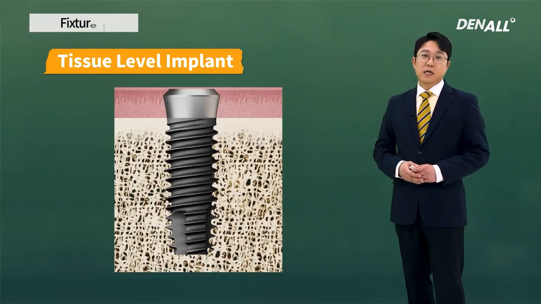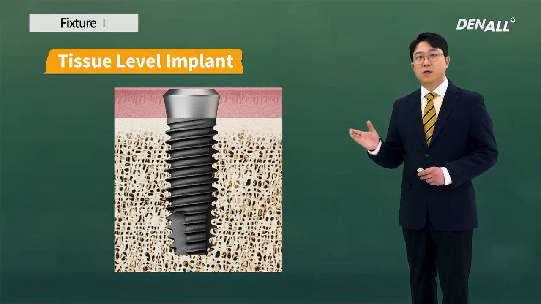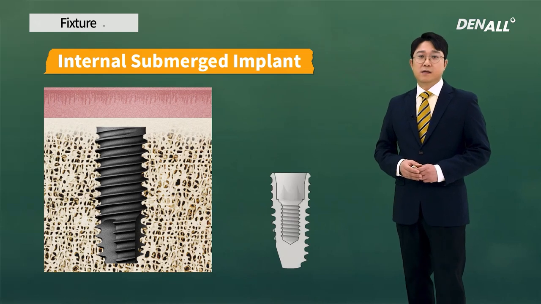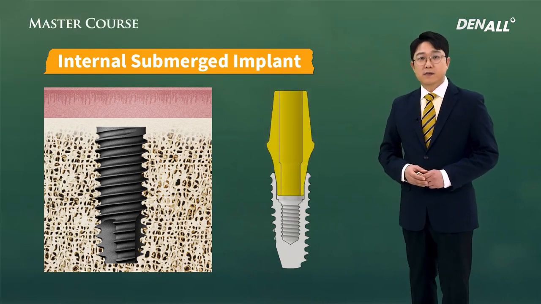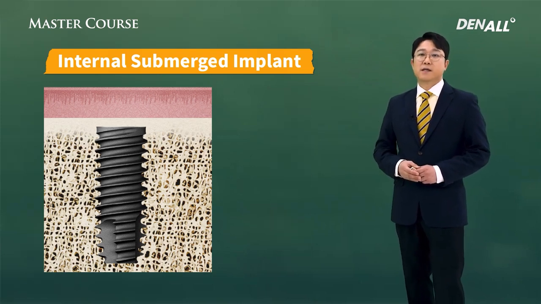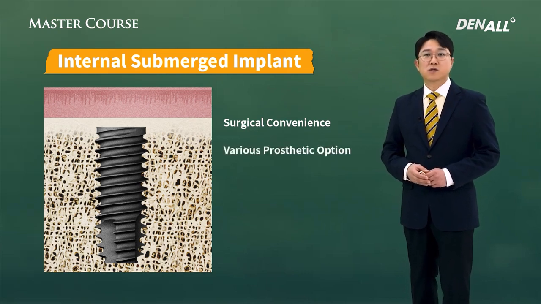The problem of the tissue level implant, the abutment cuff, which is part of the fixture, is removed, and the advantage of the implant, which is the internal connection, is adapted in the internal submerged implant. It brings greater surgical convenience to dentists.